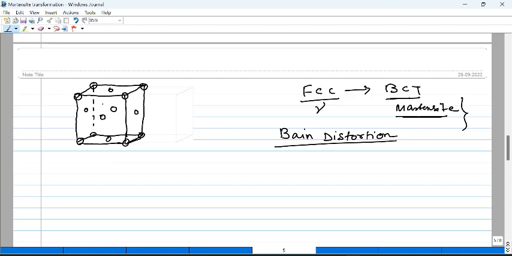But can we not sketch out something else out of the same structure which does not look like an FCC?